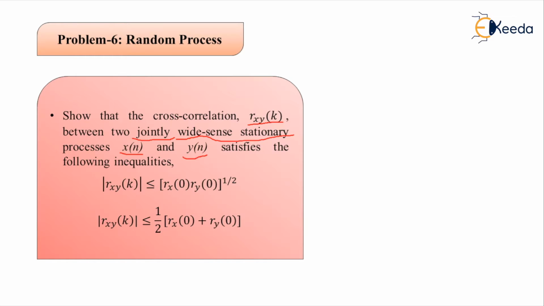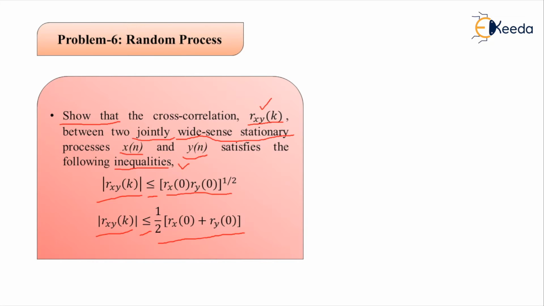So now this is the cross correlation between the two, and we have to show that these two given random processes with the cross correlation satisfy these two inequalities. They are called inequalities because the left hand side of both the equations is not equal to the right hand side; they are always represented as less than or equal to. So we have to give the proof here.